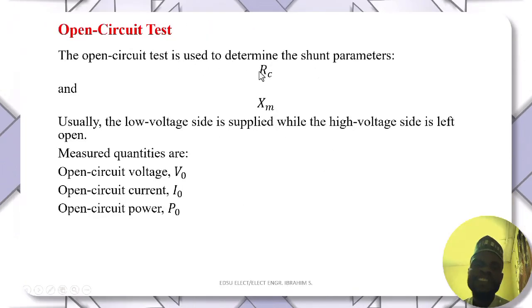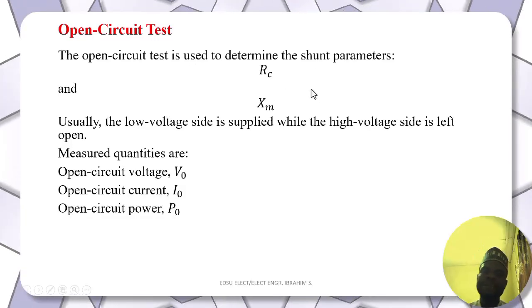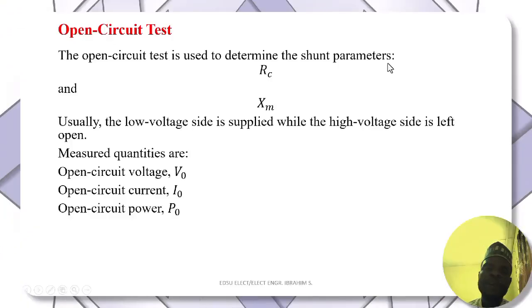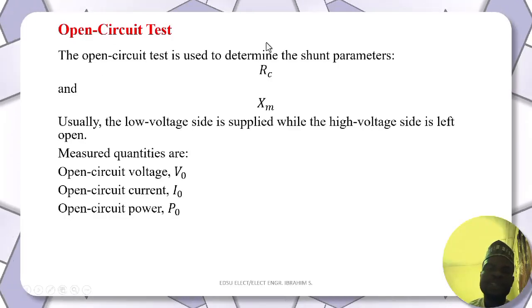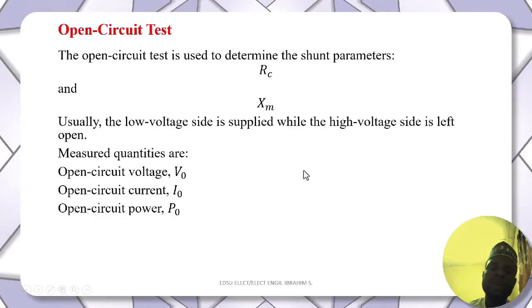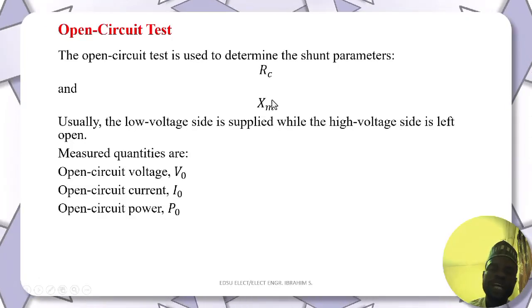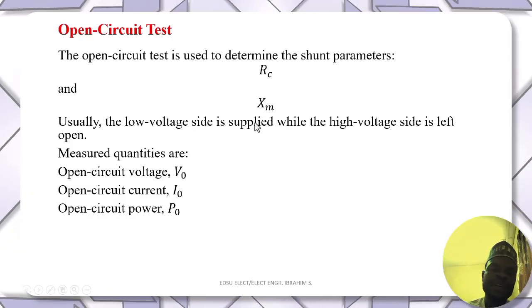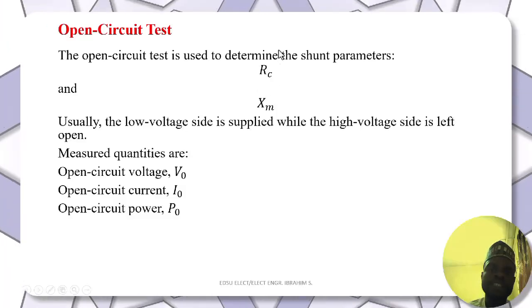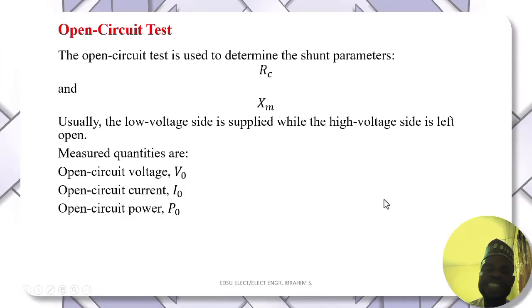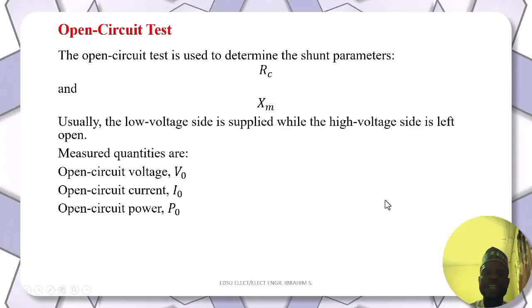So now, the open circuit test. The open circuit test is used to determine the shunt parameters of our transformer, because it is during the open circuit test that you will be able to calculate your core loss current and the magnetizing current. Usually the low voltage side is supplied while the high voltage side is left open.